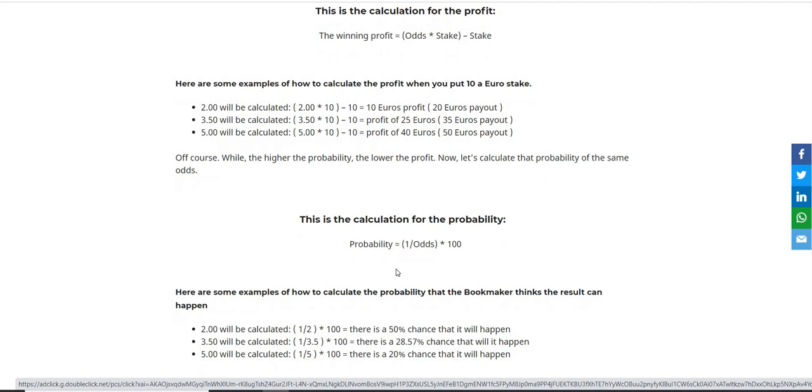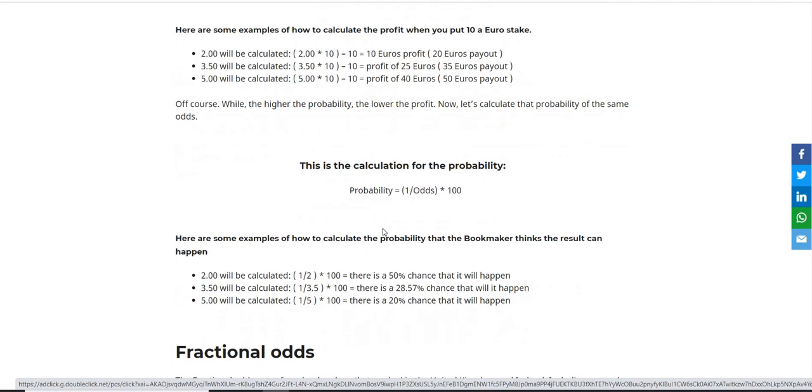But the most important thing for me, when I put my stake, is that I look at the probability that the bookmaker thinks the bet can happen. And how do you calculate the probability? You take 1 divided by the odds, multiplied by 100.